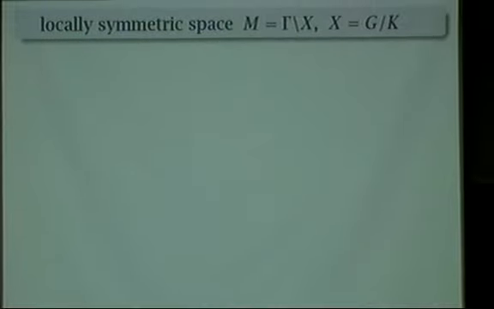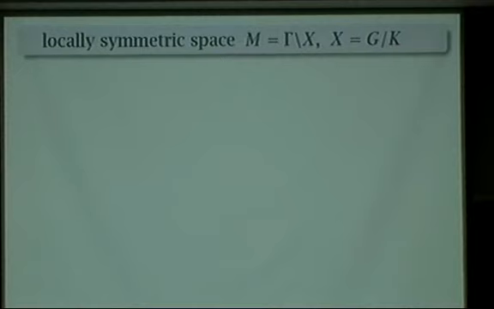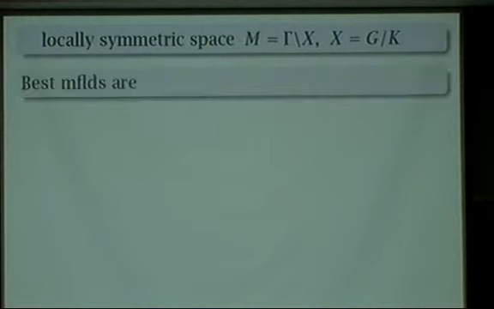All right, so we've talked now about locally symmetric spaces. A locally symmetric space you get by taking a group G, you mod out by K to get a symmetric space, and then you also mod out by gamma on the other side to make it locally symmetric. That's it. And the key thing, though, is that locally symmetric spaces come in all kinds of types, and the best ones, as I already said, are the ones that are compact.